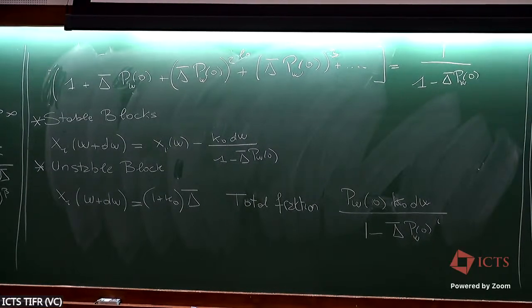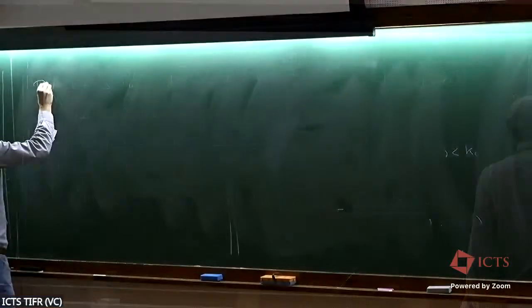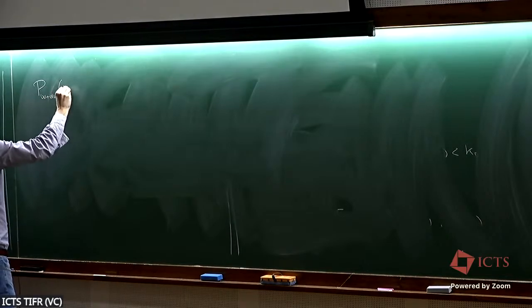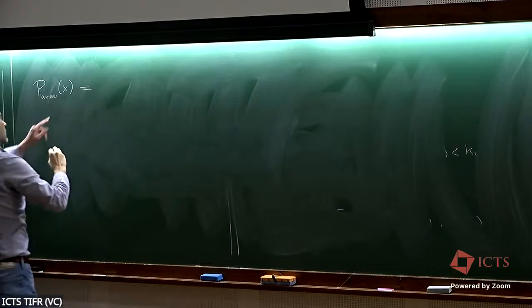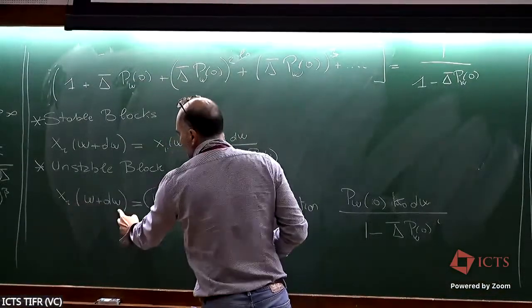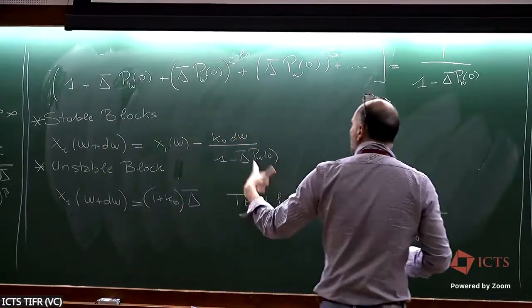So now that we know what happens to a generic x when it goes from W to W plus delta W, we can write the full distribution. Okay? So now this x is x of W plus delta W, and we have to understand what is going on.